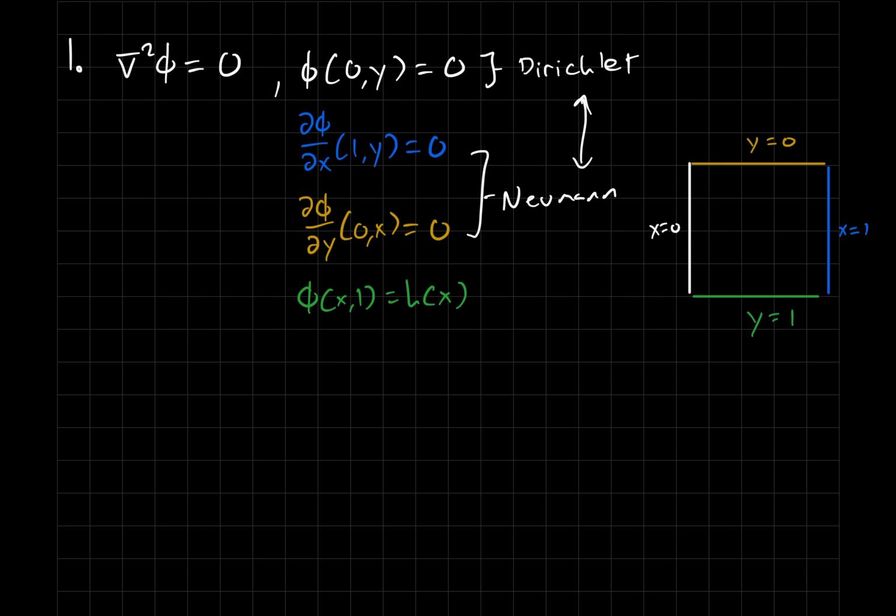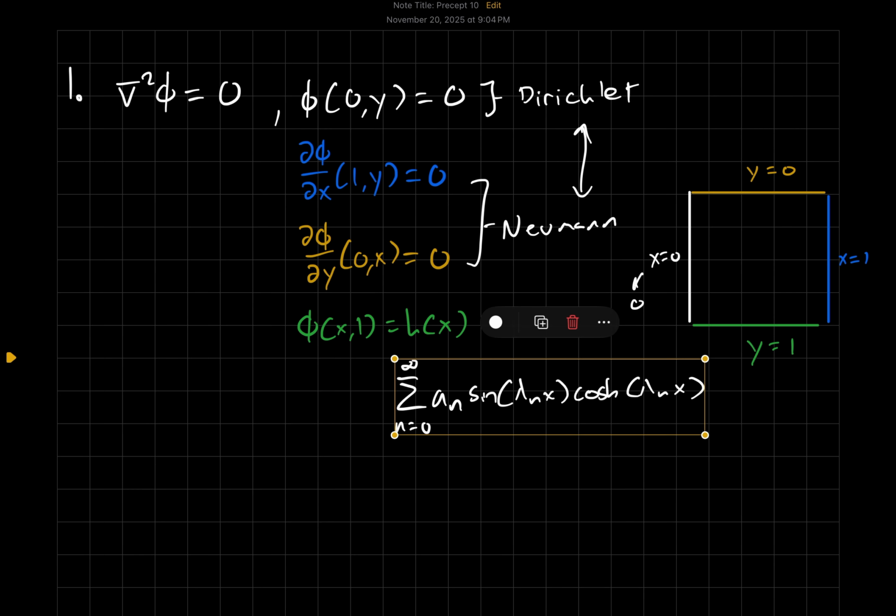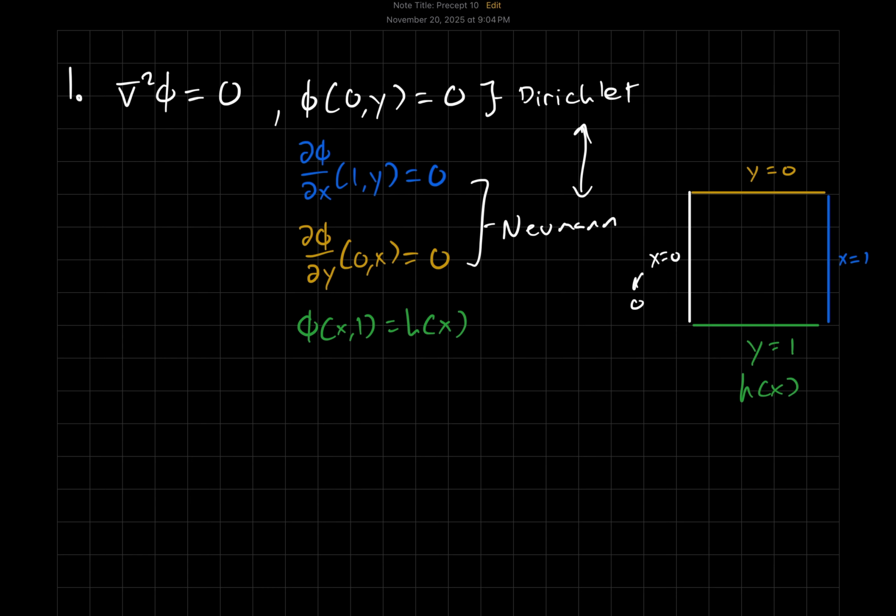Anyways, now that you have this, then we can simply say that this is going to be equal to 0. This one is going to be h of x. This one is going to have the derivative, so let's just call this dx equals 0, and then finally this one dy is going to be 0.